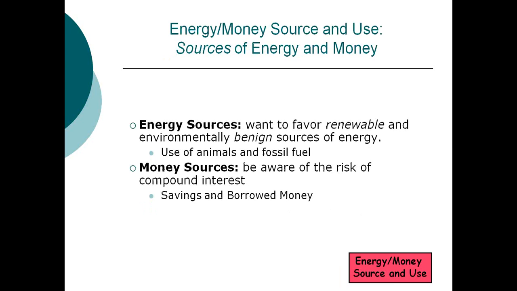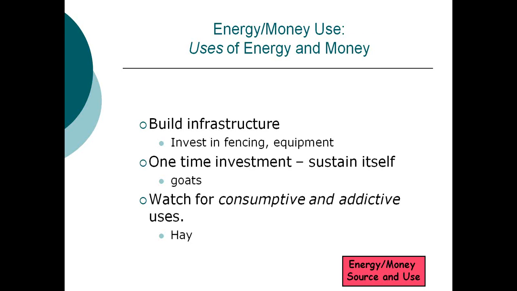For instance, if you're borrowing money with compound interest, that could get you deeper and deeper into debt. Or if you're having to use a lot of fossil fuel and you have to continue to be using fossil fuels, you have to decide, is that going to be a problem or not? And again, when you're looking at building infrastructure, you may be investing in fencing and equipment, and some of those things may help you to earn more, to develop more product, to create more profit later on.